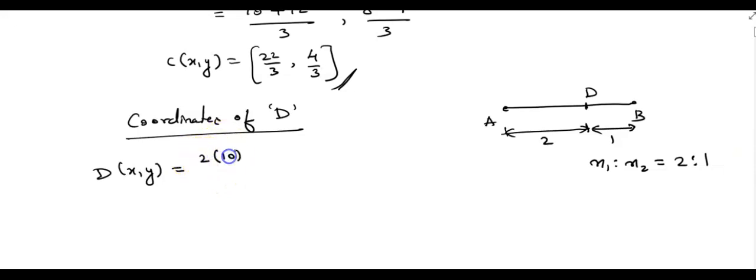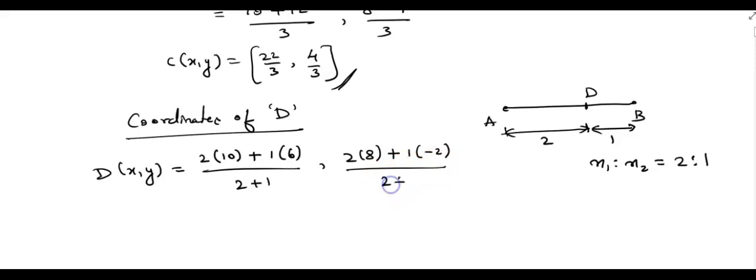That is 2 into 10 plus 1 into 6 by 2 plus 1, comma, 2 into 8 plus 1 into minus 2 by 2 plus 1. 2 10s are 20, 1 6s are 6, by 3. 8 2s are 16, minus 2, by 3.